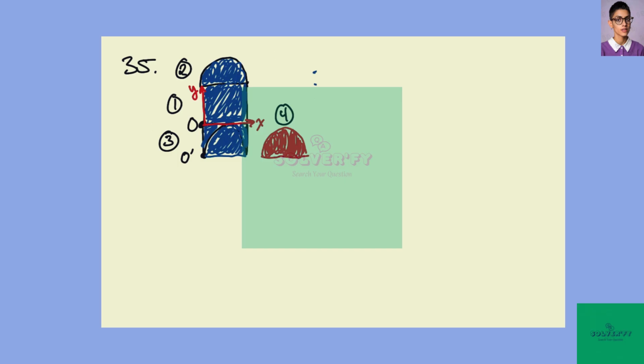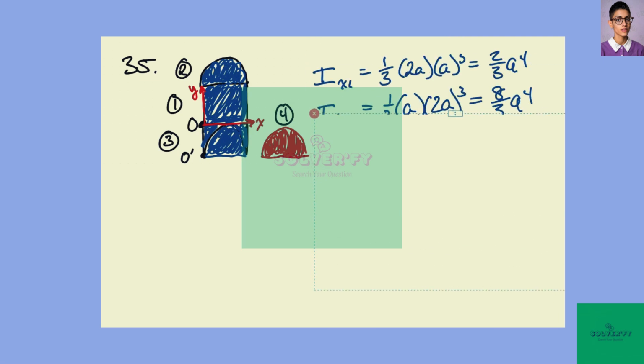Given all the dimensions in terms of a, the radius of these semicircles, for this section here we just have 1/3 (2a)(a cubed) about x, and about y we have 1/3 (a)(2a cubed).